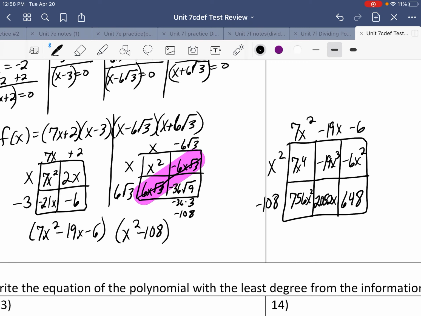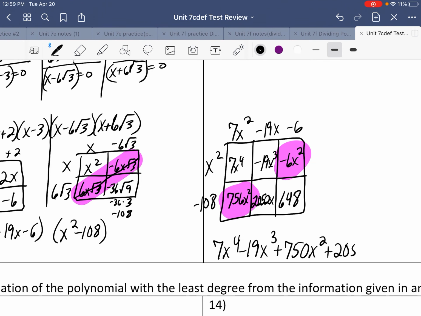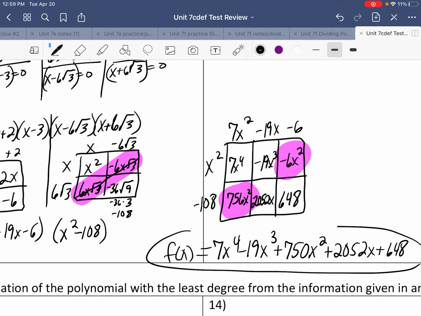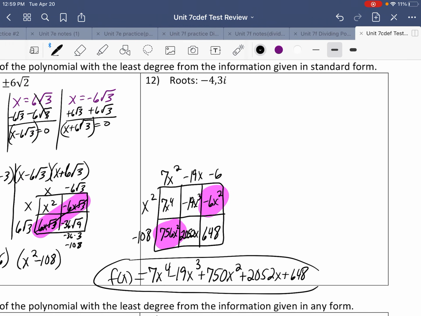Looks like we do. They're kind of wonky though. There's your like terms. So we have 7x to the fourth minus 19x cubed plus 750x squared plus 2052x plus 648. And that is going to be equal to f of x, or y. There you go. Oh my goodness. Wild.